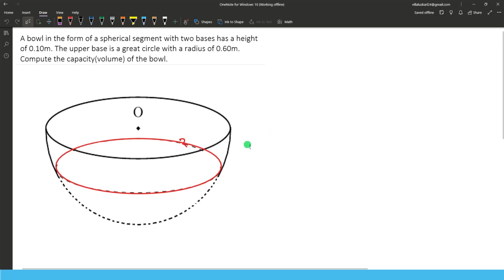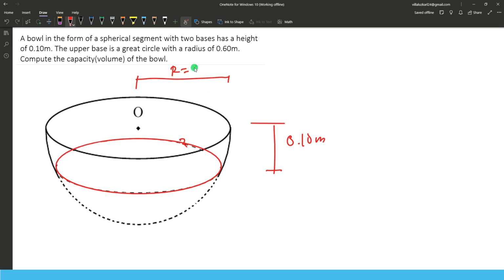Here's the figure. We have a height of 0.1 meters. The radius of the great circle, or if it is a whole sphere, would be 0.6 meters.